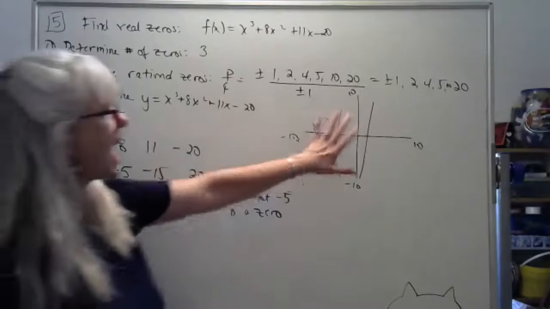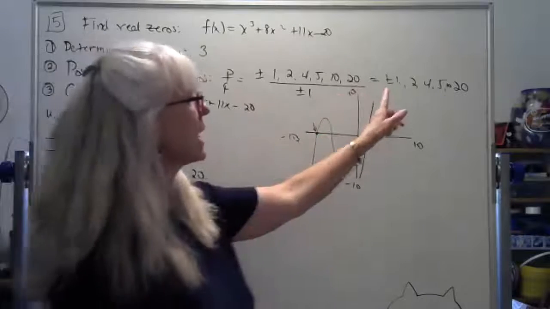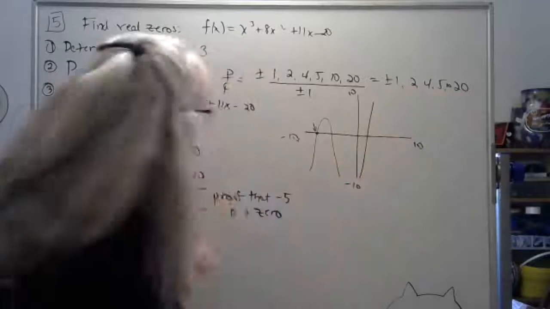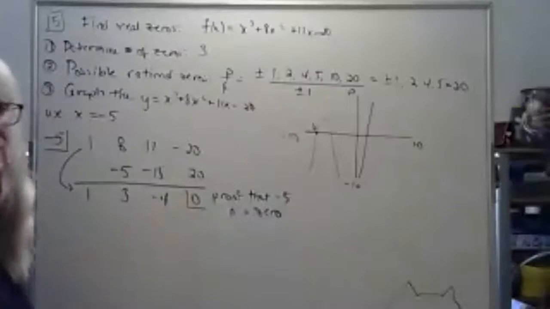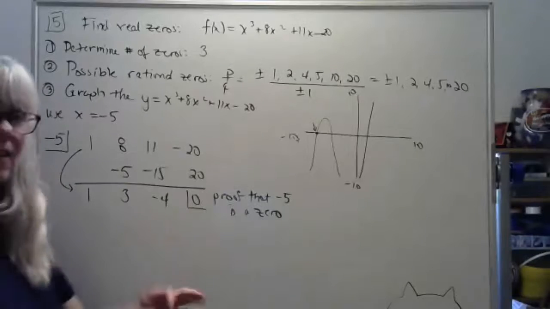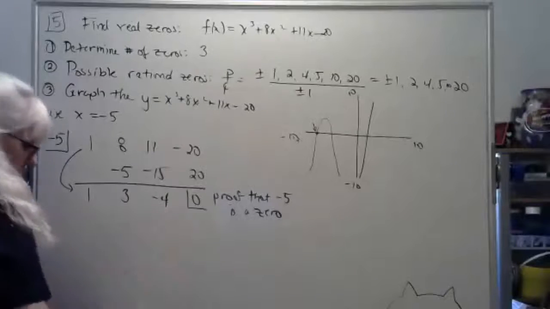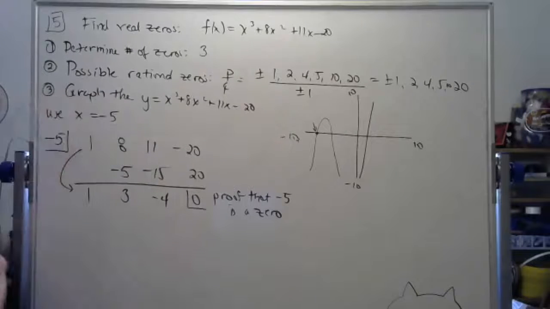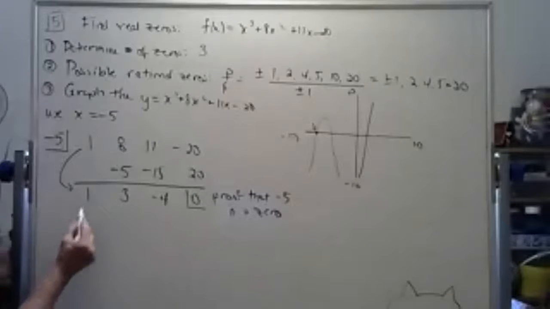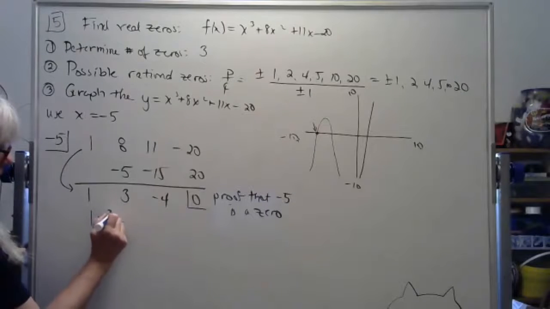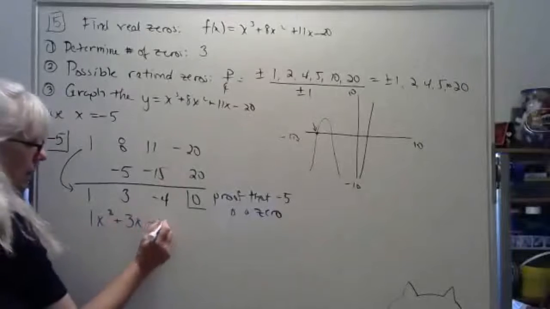If I didn't have that picture, I literally would have to sit here and try each of these numbers in the synthetic division until I got to a 0. Once I found one of them, I'm done with the synthetic division because I know the depressed equation down here is 1x squared plus 3x minus 4.